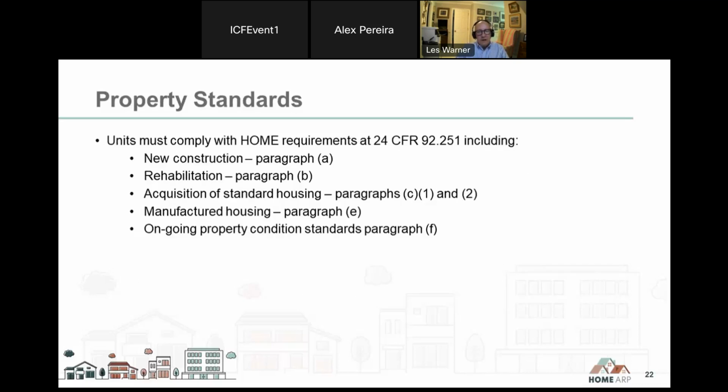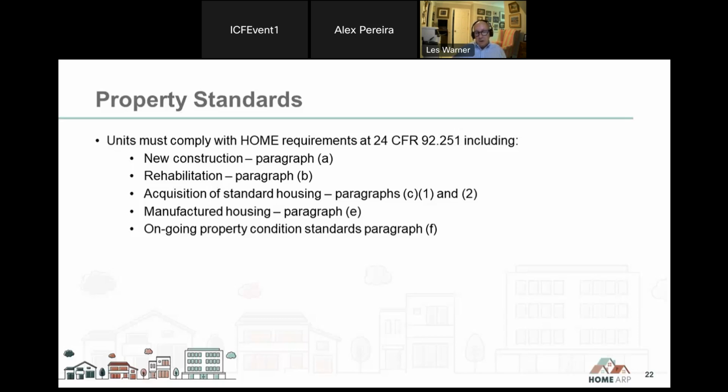All right, so let's talk a little bit about property standards. As we're familiar with the HOME program, each of our assisted projects are going to have to meet property standards based on the type of project they are. These are found at 92.251. And so we have specific requirements for new construction. We have separate requirements for rehabilitation.